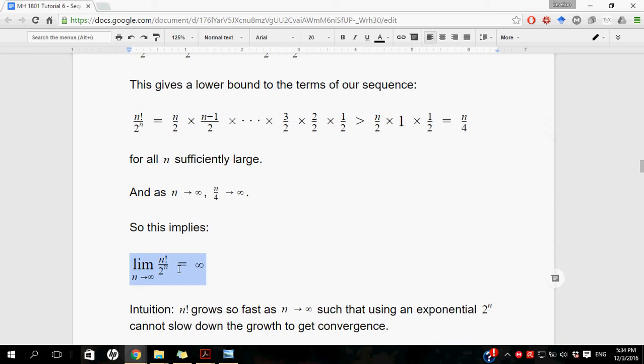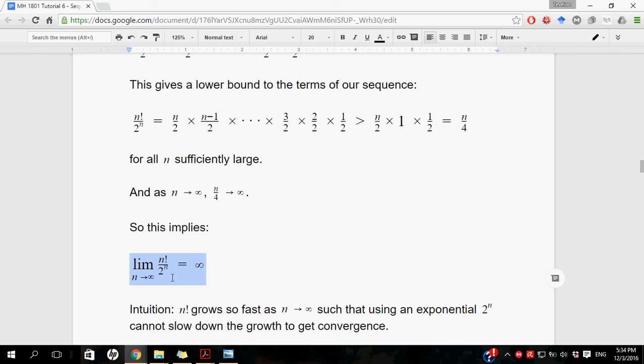And consequently, the limit as n tends to infinity of n factorial divided by 2 to the n is infinity, which is to say that the sequence diverges.